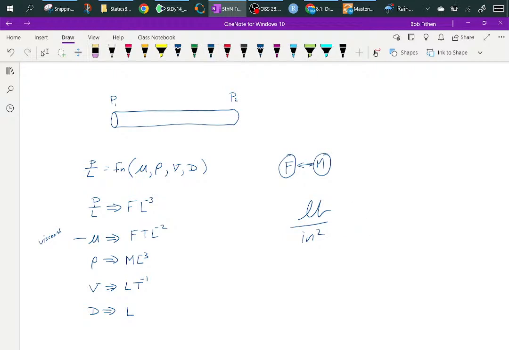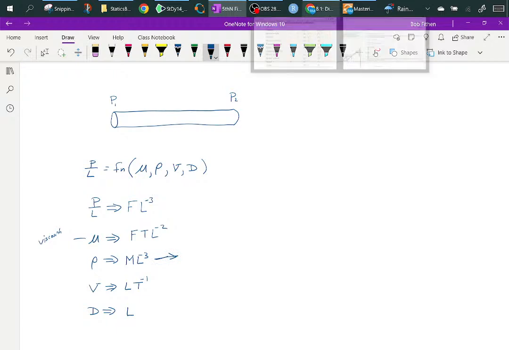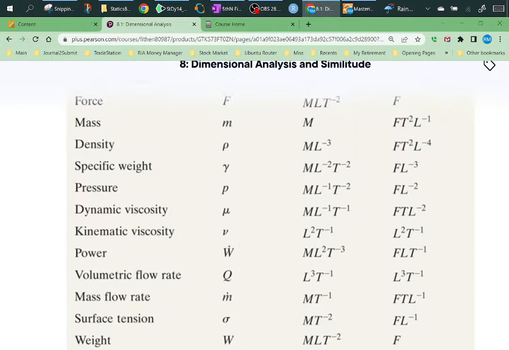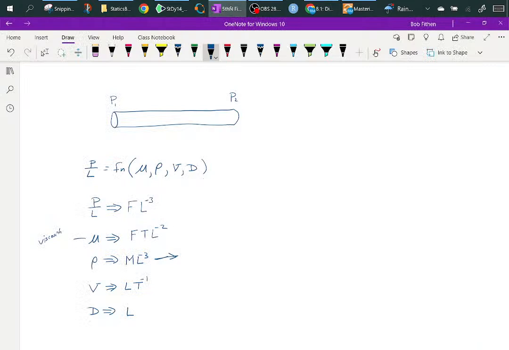They always remove one of them. So since I have an F here and an F here, I'm going to convert this to the FLT representation of density: F T squared L minus 4.